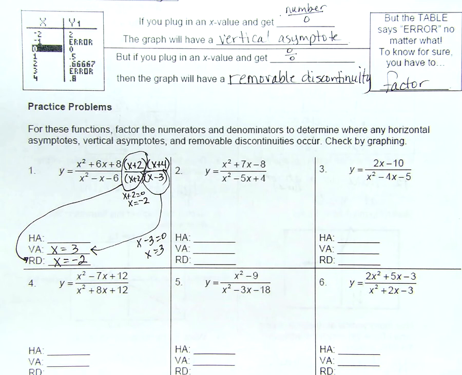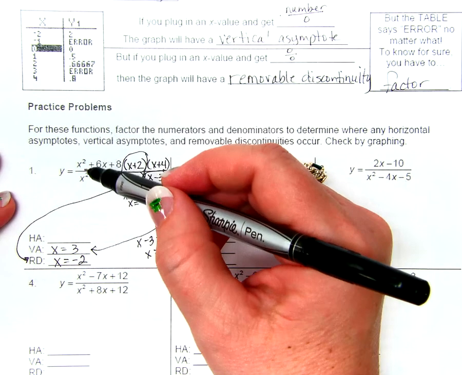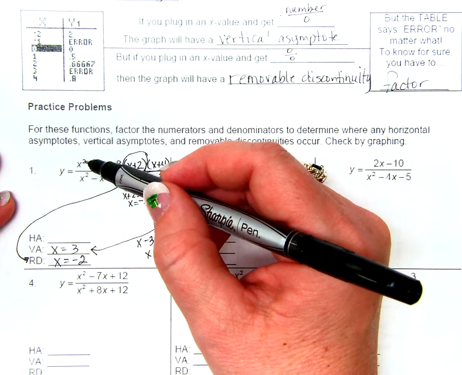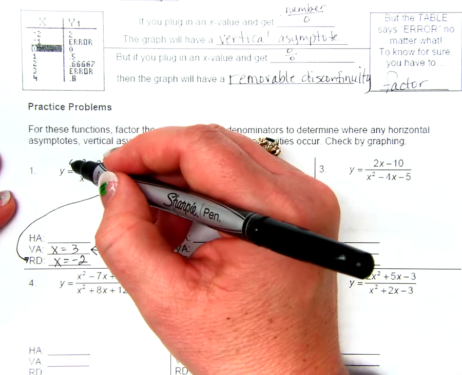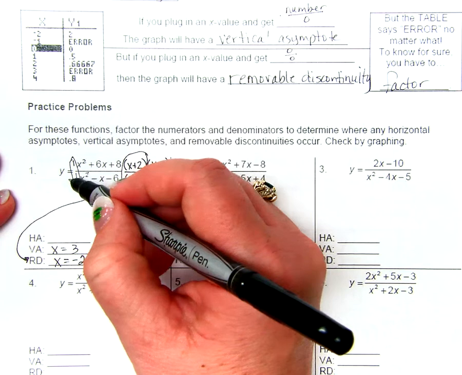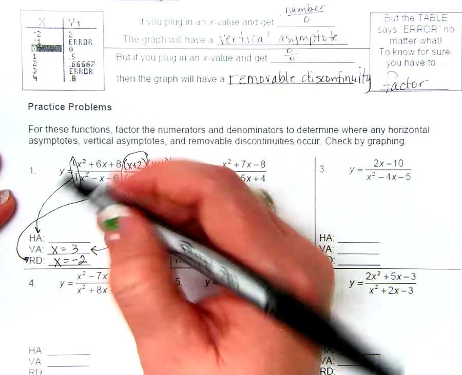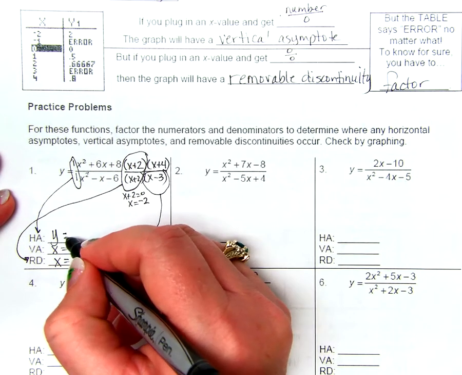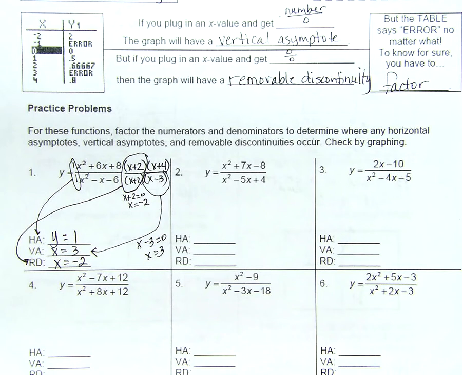You may have to get out your reminder notes that we talked about, finding horizontal asymptotes. But hopefully you'll remember, if my degrees are the same, then I look at my leading coefficients at the very front. Well, this is 1 over 1, so this is going to tell me my horizontal asymptote, and I'm going to have a horizontal asymptote at y equals 1. Okay? Any questions about that?